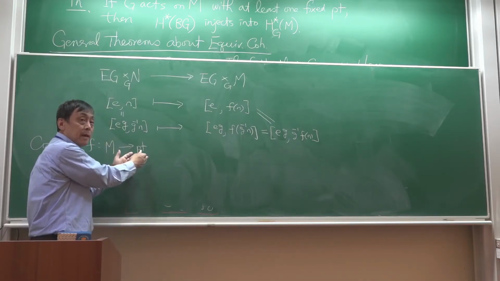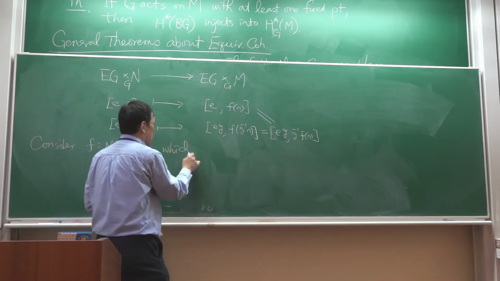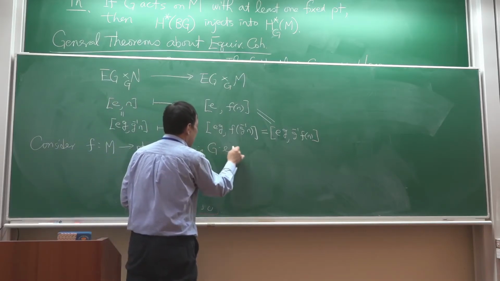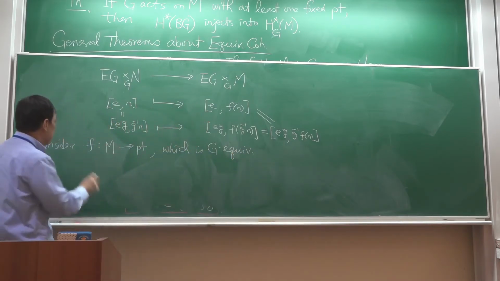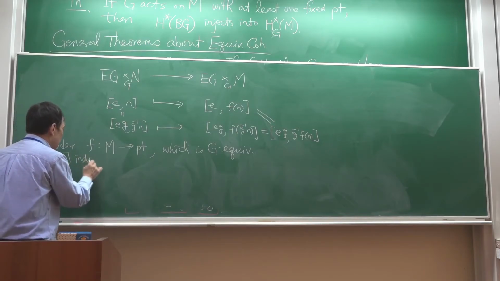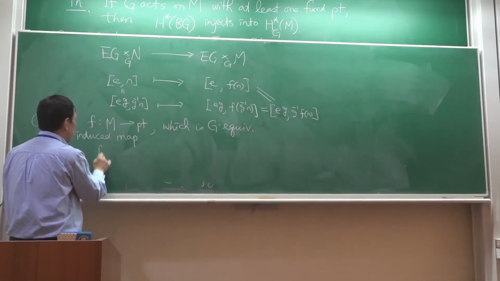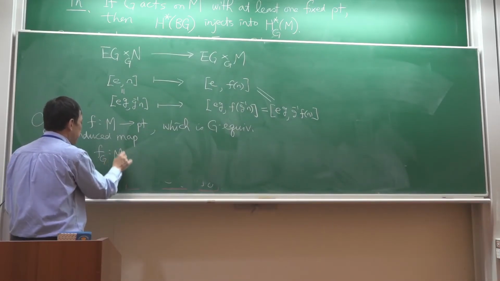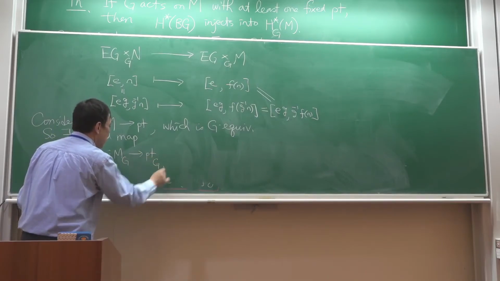Everything goes to a point, and it's G equivariant. So there's an induced map on homotopy quotients.